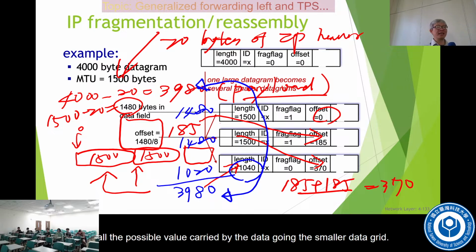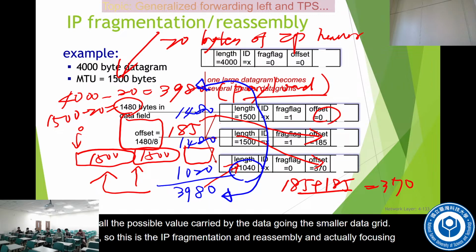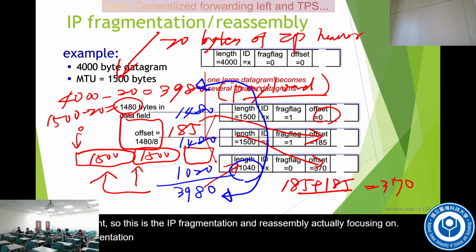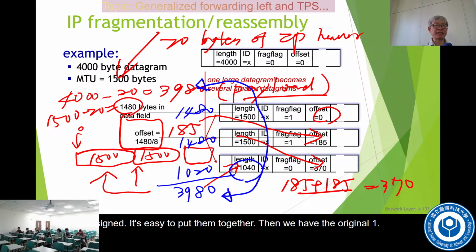All right, so this is the IP fragmentation and reassembly, focusing on fragmentation details only. As for the reassembly, it's easy: put them together, then we have the original one. So this is the actual exercise.